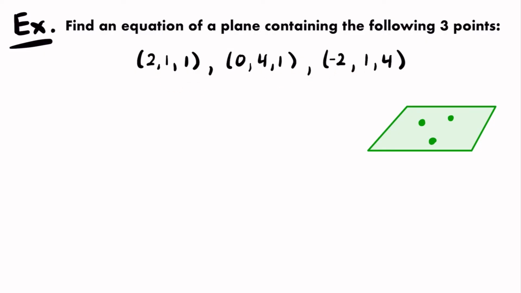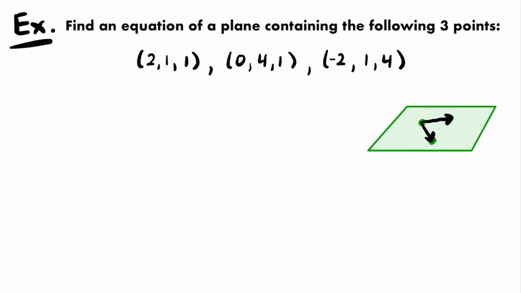Well, what we can do is create 2 vectors using these 3 points. In particular, we will create 2 vectors from the same initial point. So that might look like this. We'll have a vector here and then a vector here. And then once we have those 2 vectors, we can do something with them to find a vector that would be perpendicular to this plane, right? If you think about it, since these points are in this plane and we're creating vectors using those points, then those vectors would also be within this plane.